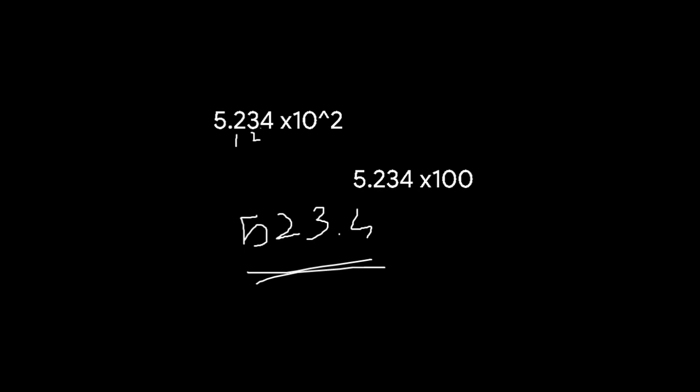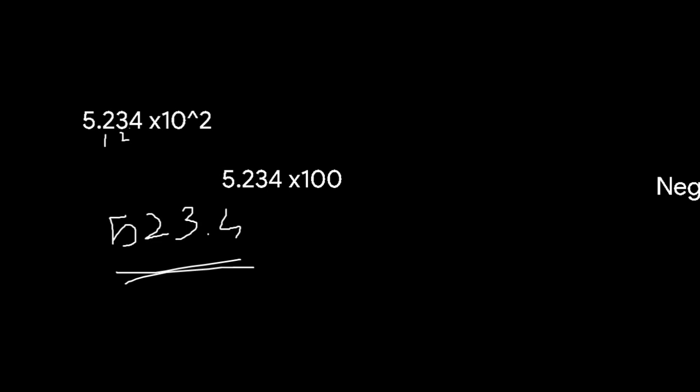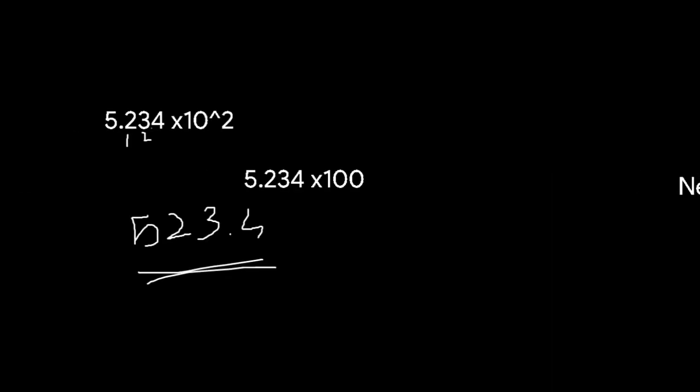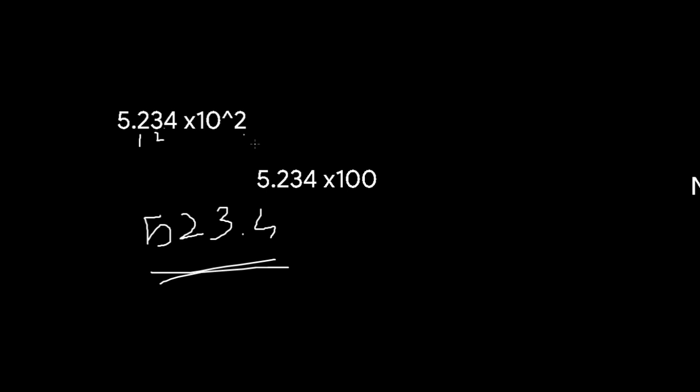So this is how we write this question. Now let's move on to the next question, a negative power. If you want this number to come as a standard form, how will you do this? Before we go inside that, I want to tell you a rule. When you're making questions like these, there should be just one number here, and the others can be written here.